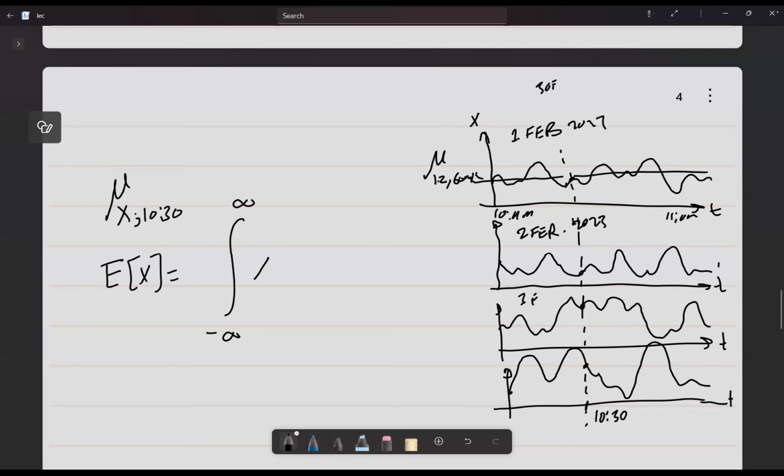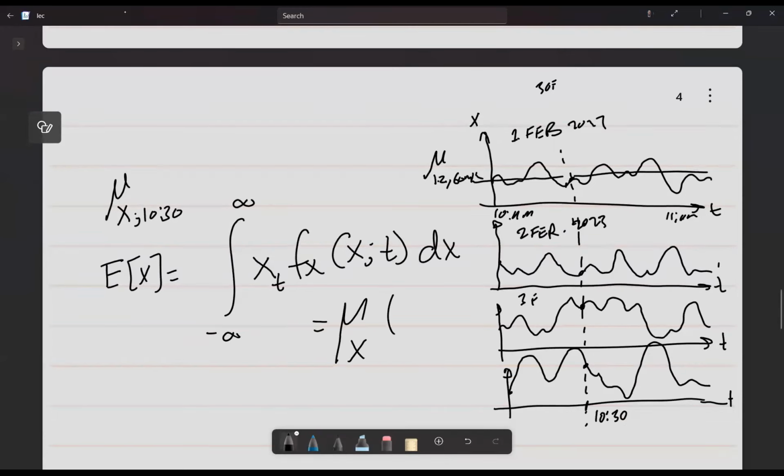Now, unfortunately, you need to add x at time t and the distribution at time t, then dx. So what will be the result? The result will be the mean, but at time t. Every time now, it has a different mean, generally, of course. We will come later to some special cases. But generally, every time you have a different mean. It is not the same mean. The mean now is a function of time.